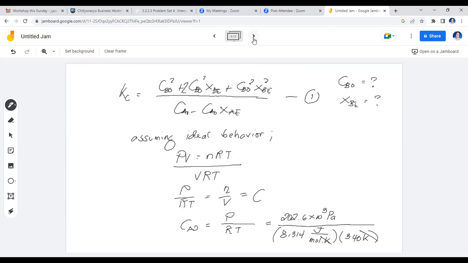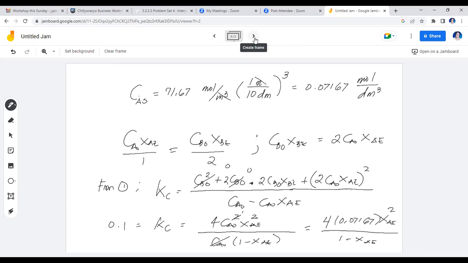So though Bobby suggested a while ago that we write the rate equation, and it would actually lead to this. Excuse me, yes. Why is CBO zero, Miss? Okay, please check your screenshot for the problem. There's a phrase there in the problem that says your system starts with the pure dinitrogen tetroxide.